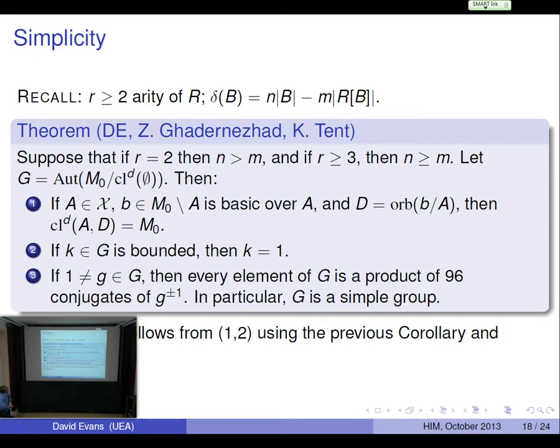I've just recalled what the definitions are. There are some sort of degenerate cases we have to exclude. So let's suppose that if we're looking at graphs, so r equals 2, then the n there is bigger than m. And otherwise, we'll assume that n is at least as big as m. Let G be the group of automorphisms which fix the closure of the empty set.